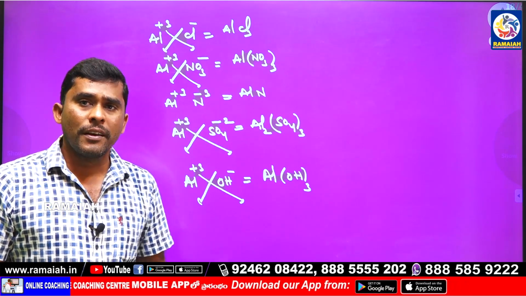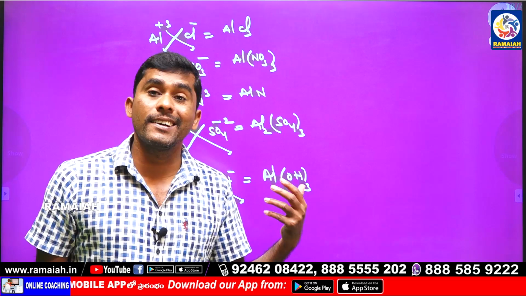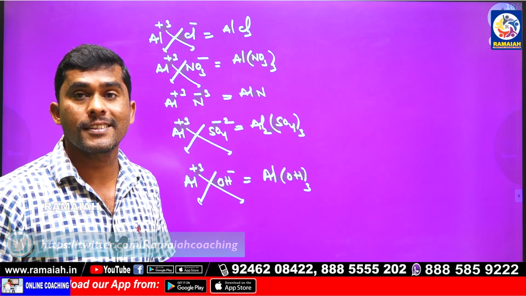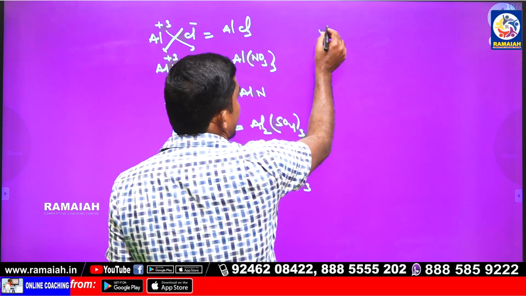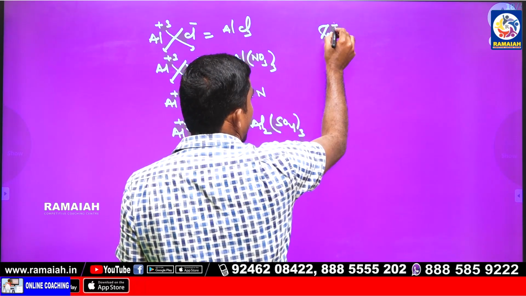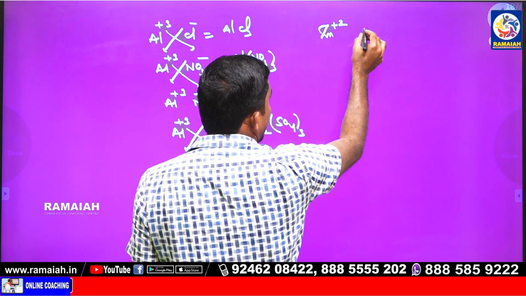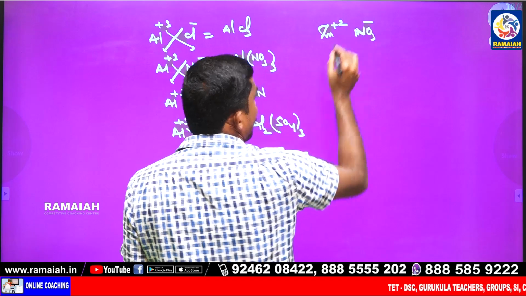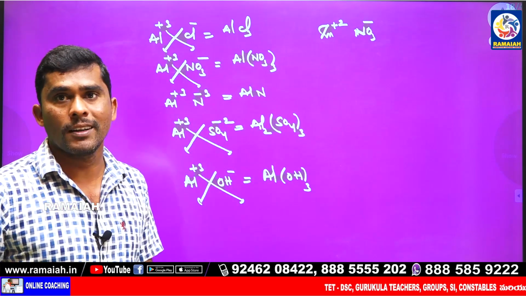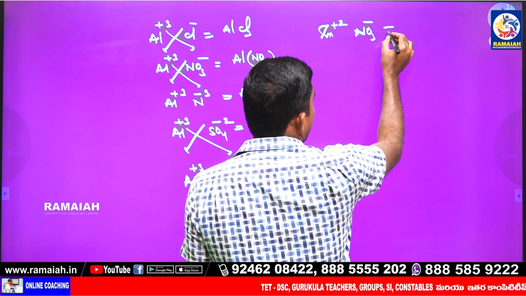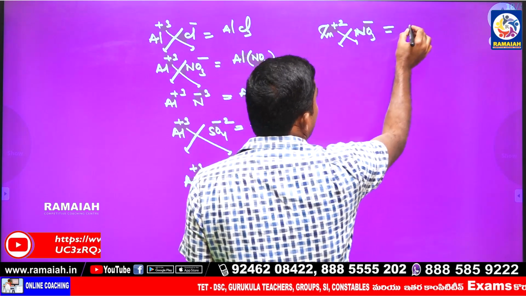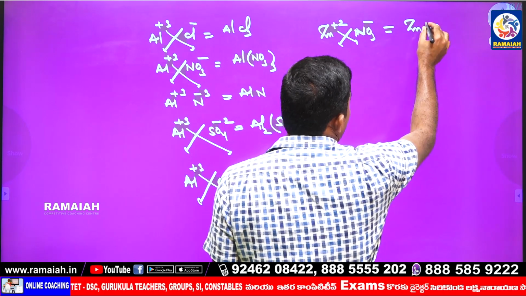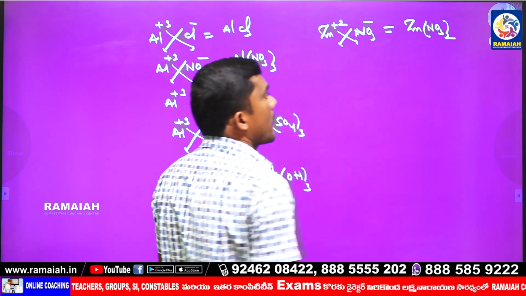Okay. Next one, for example, zinc nitrate. How to write the formula of zinc nitrate? Zinc means Zn plus 2. Nitrate formula is NO3 minus. Here the charges are not equal, so use the crisscross method. Then the formula is Zn(NO3) taken twice, zinc nitrate.